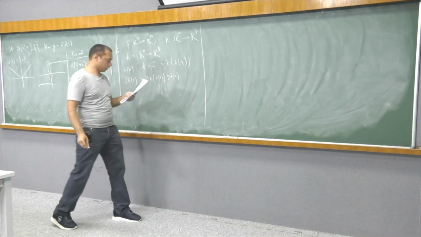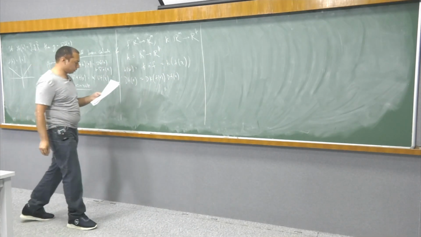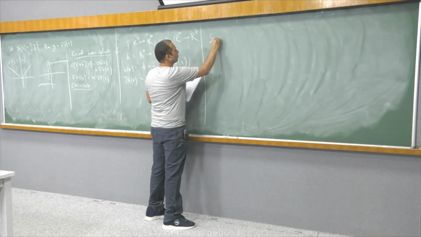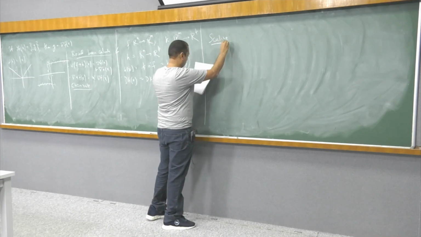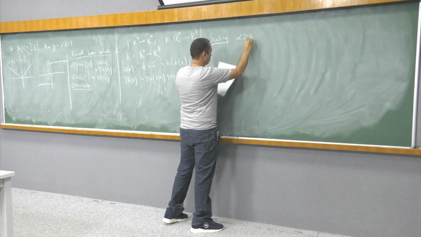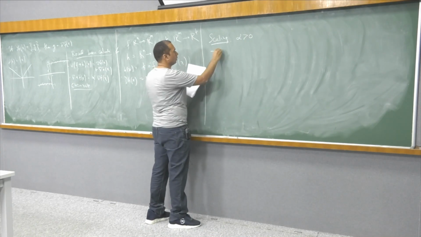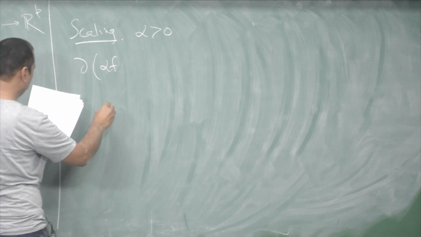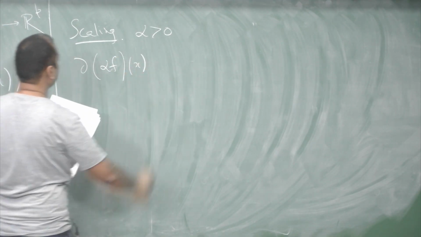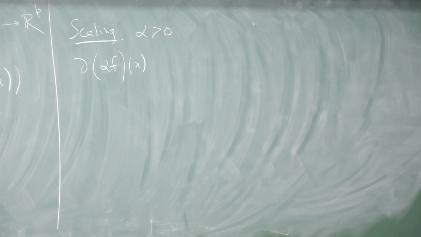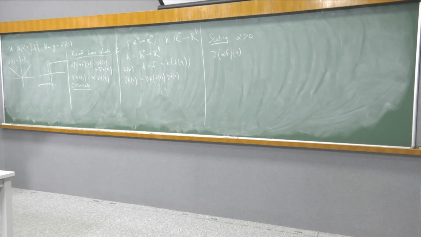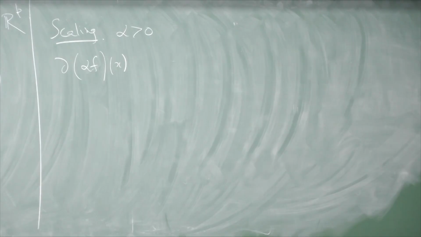So scaling, so if alpha greater than 0, what we are asking for is subdifferential of scaled function alpha f. Okay. So if it was usual derivative, then alpha just comes out and we have f prime x, but in this case does it hold again?